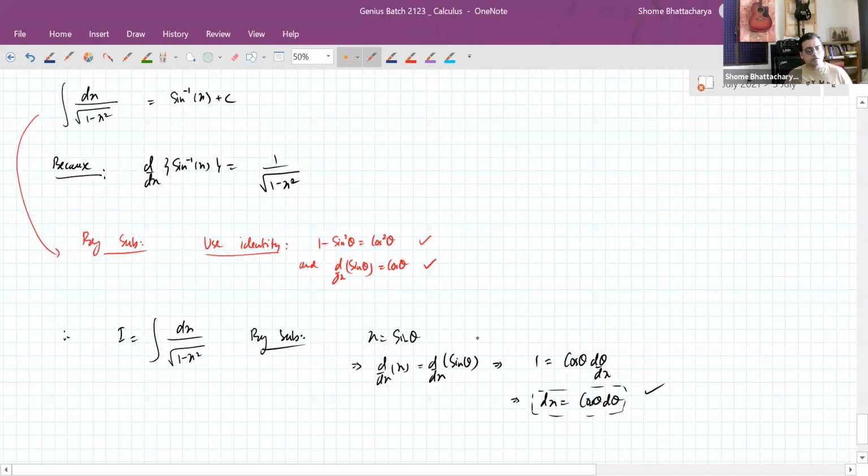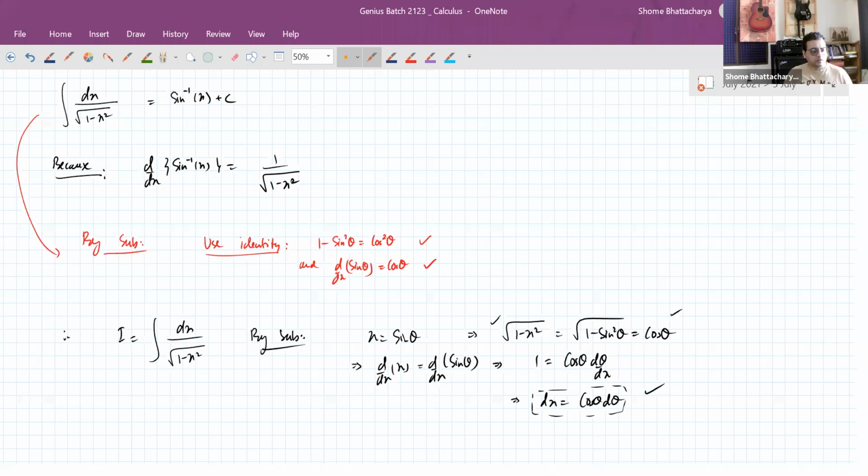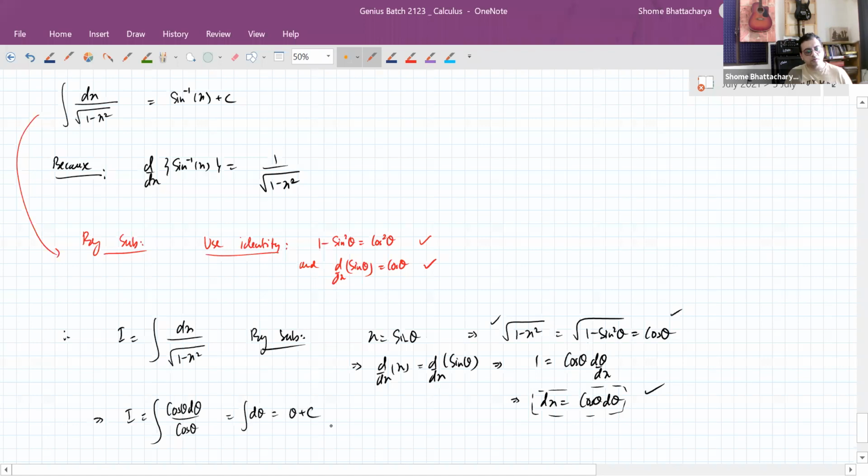And square root of 1 minus x square in the denominator is substituted as this. So the integration becomes dx is substituted as cos theta d theta. Denominator is cos theta. And theta is nothing but sine inverse x, because x was sine theta. So the integration becomes this.